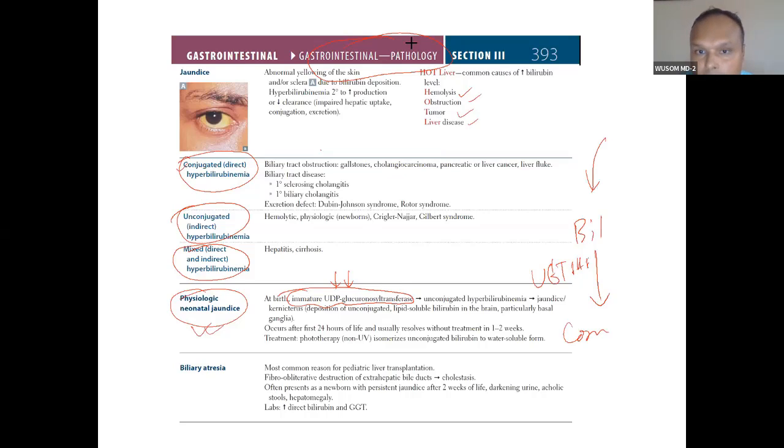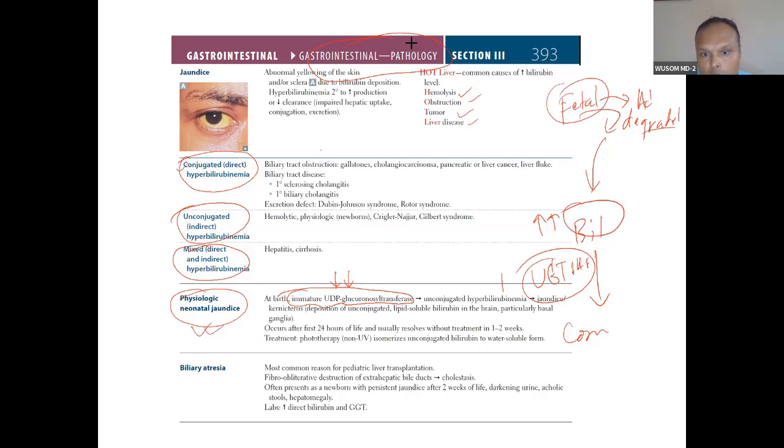The load of bilirubin is very high, because baby hemoglobin is fetal hemoglobin, which is converting into adult, so fetal hemoglobin will be degraded and the bilirubin load will be high in the newborn. Bilirubin load is high, activity is low, so bilirubin concentration will be high in blood. This is the cause of normal jaundice. Every baby goes through it.